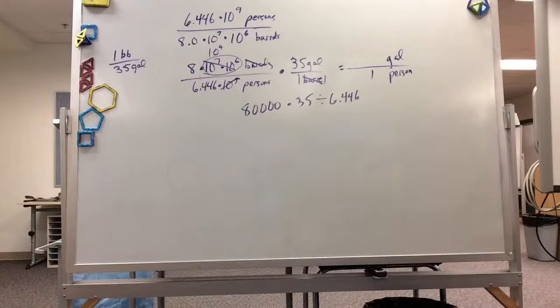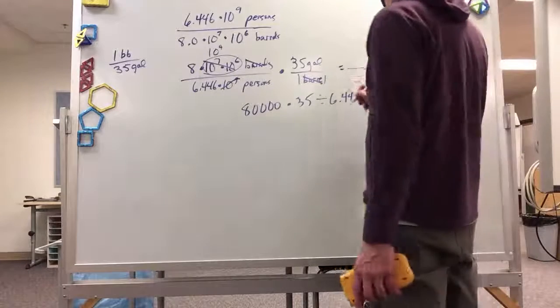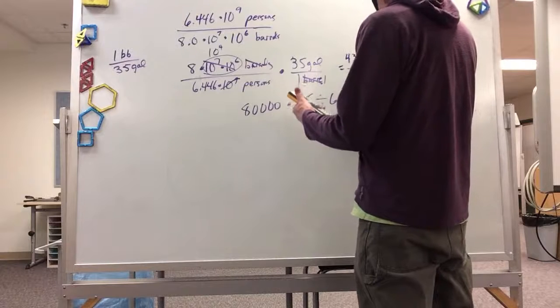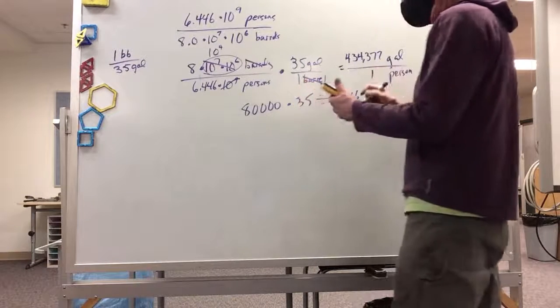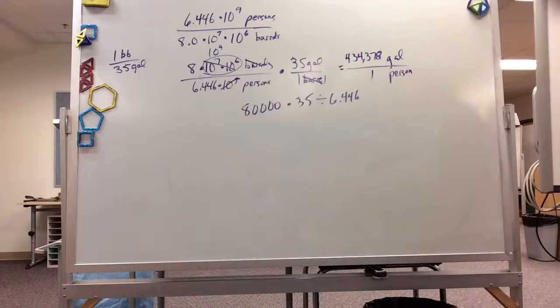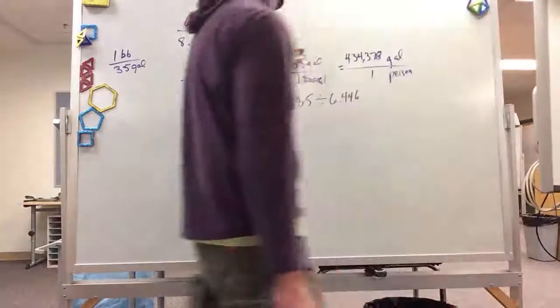What do you get? 434,377 and change. Actually, it goes to 378 if we round it. Gallons per person, and that's per year, right? Because this is the oil per year.